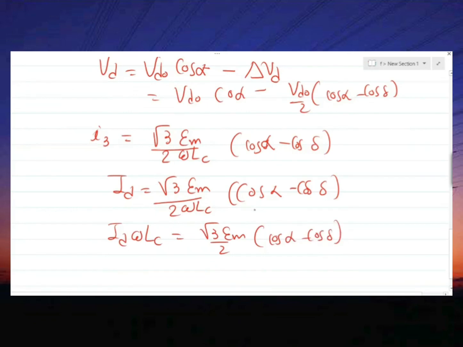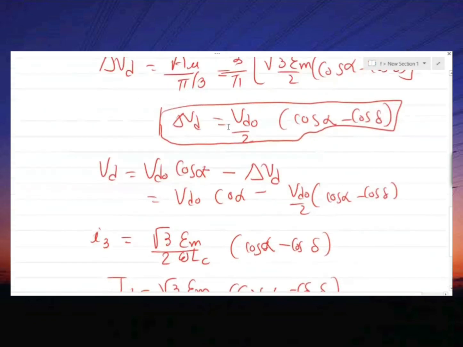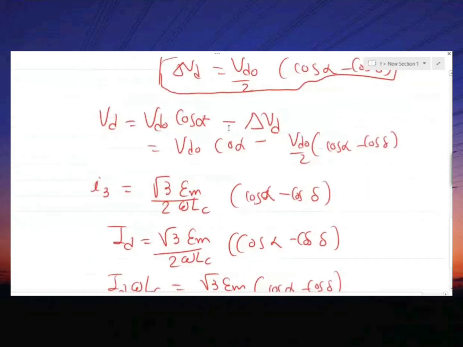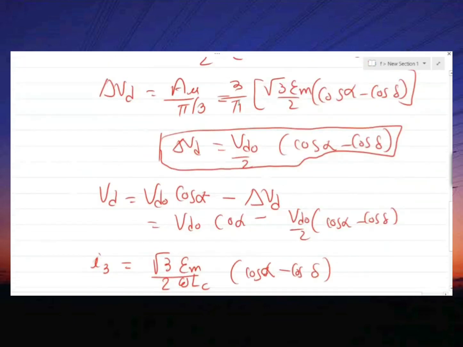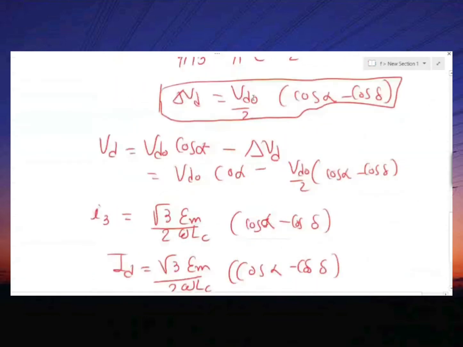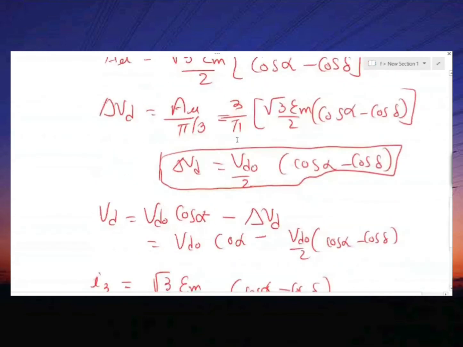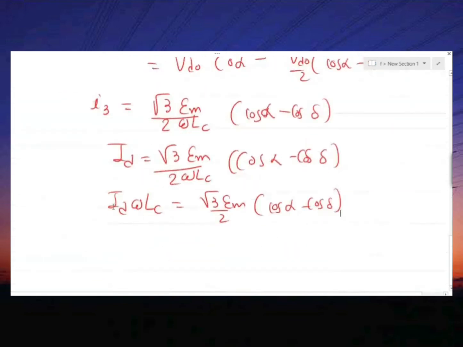So by substituting this value in this equation, you will get root 3 Em by 2 (cos alpha minus cos delta) is equal to Id omega Lc.